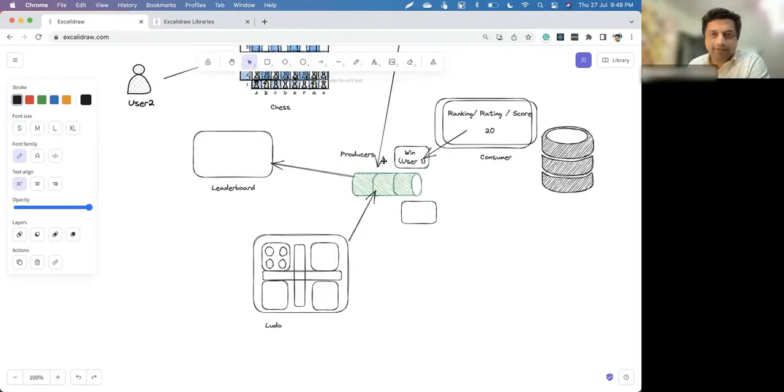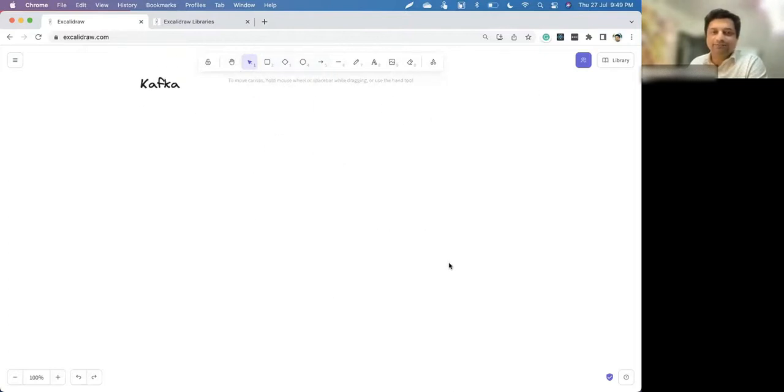Whenever you have a scenario where you can think of a publisher-subscriber model, or the other way, a producer-consumer model, both are the same, just two different names, you can use Kafka.